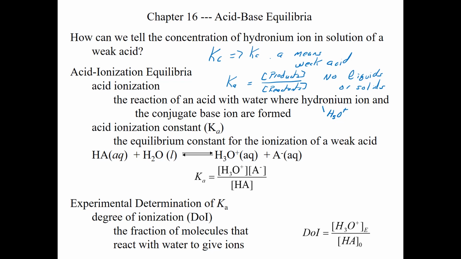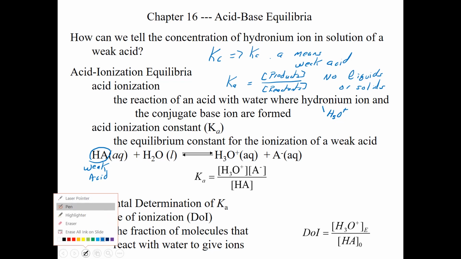WA simply means a weak acid, any weak acid. So if you don't know the formula of the acid, just simply use WA. It doesn't affect how you work the problem. So you add a weak acid to water.